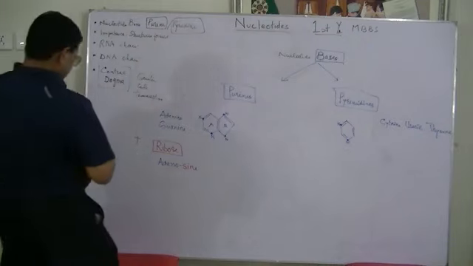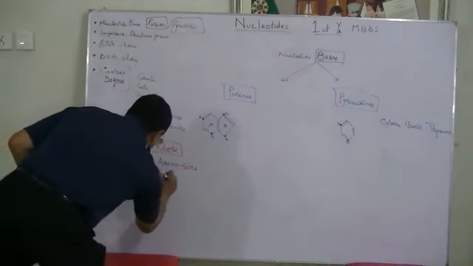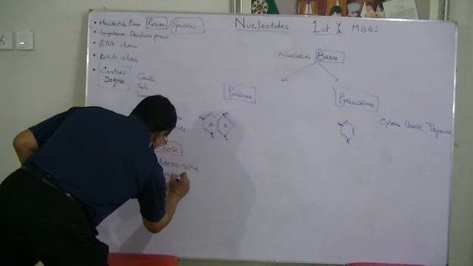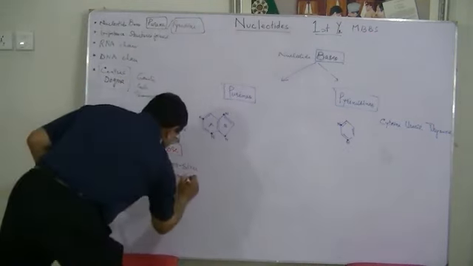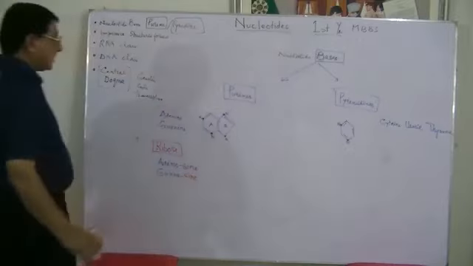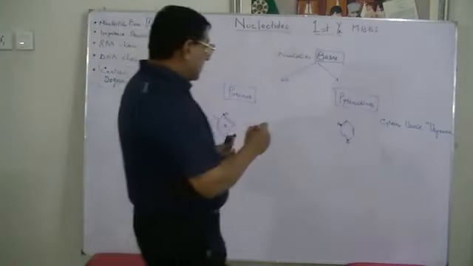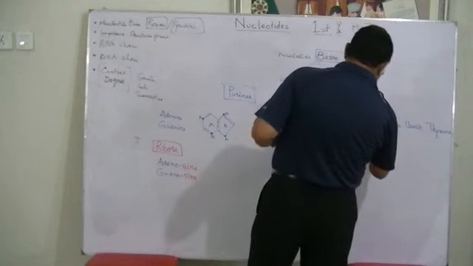And the other one forms guanosine. Here again you've got ribose added over here.